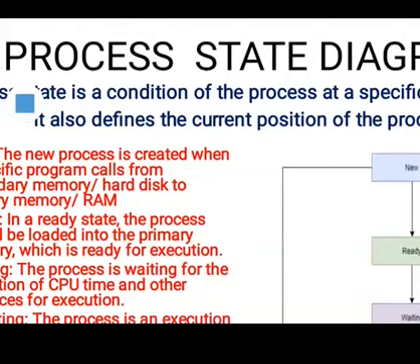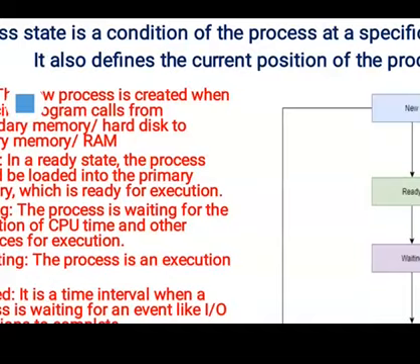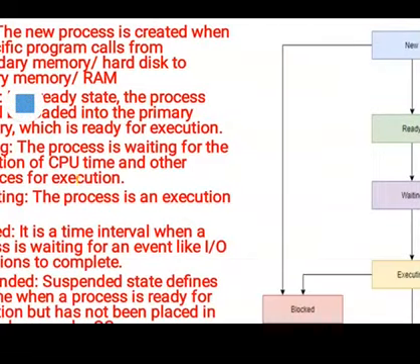Ready: in the ready state the process is loaded into primary memory and is ready for execution. Waiting: in the waiting state, the process is waiting for the allocation of CPU time and other resources for execution. Executing means the process is in an execution state, and at this time it is consuming CPU time. Blocked: it is the time interval when a process is waiting for an IO operation to complete.